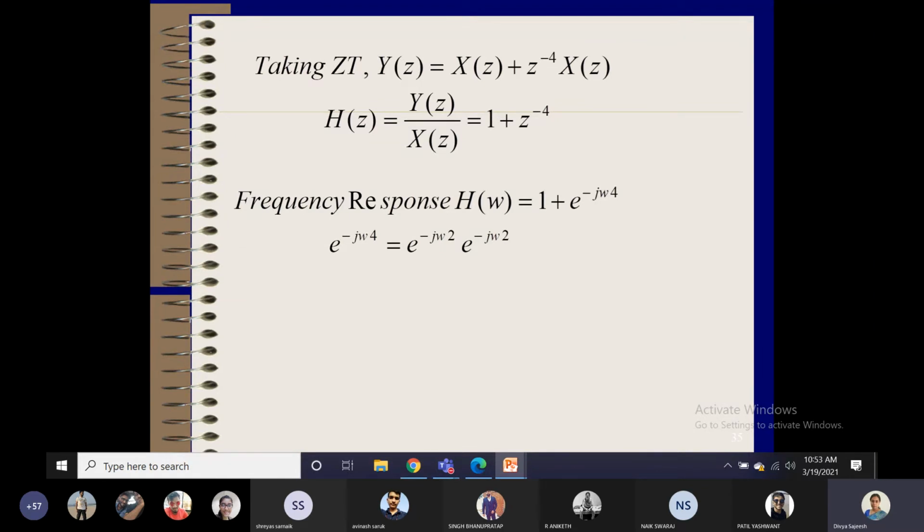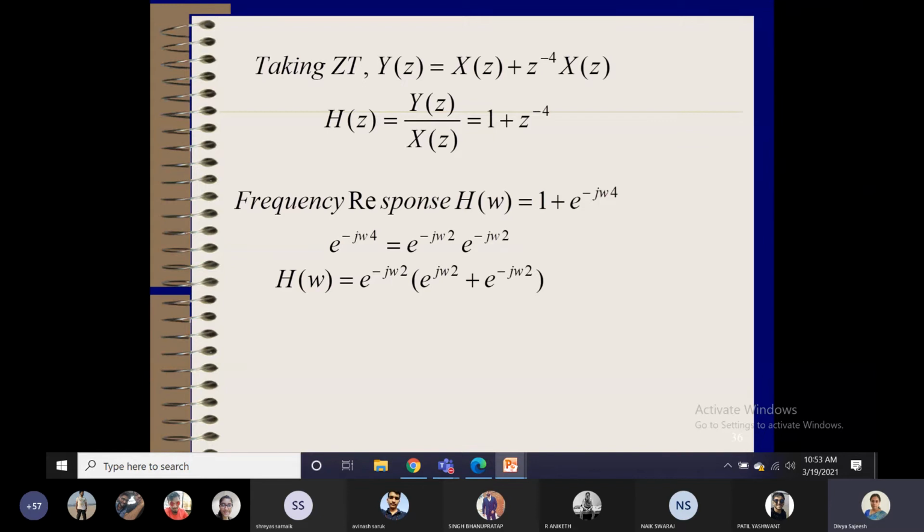Why are we writing this? Because we need to again write it in terms of sine and cosine. Okay, so in H of omega, if I do these changes, it will be 1 plus e raised to minus j omega 2 into e raised to minus j omega 2.